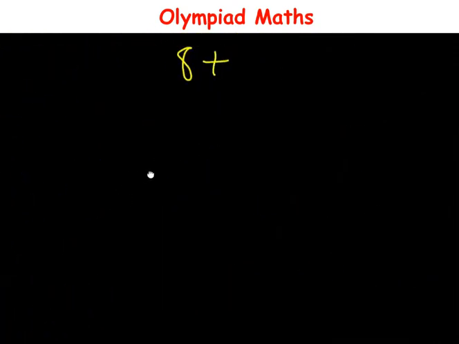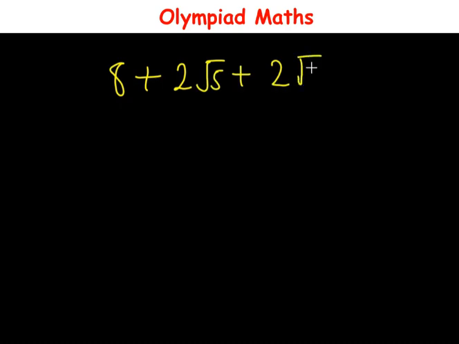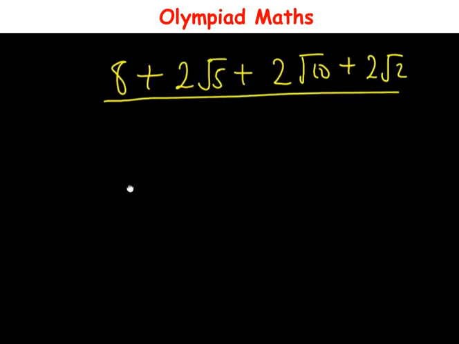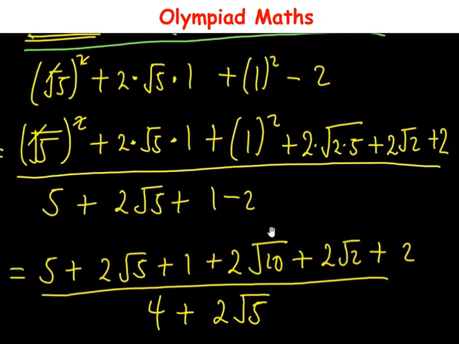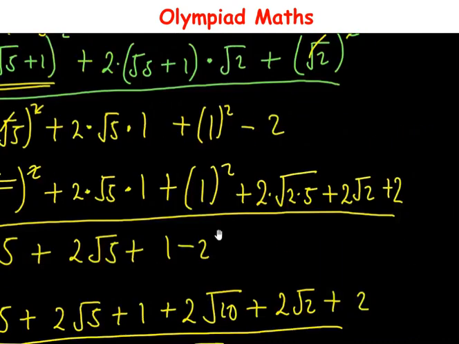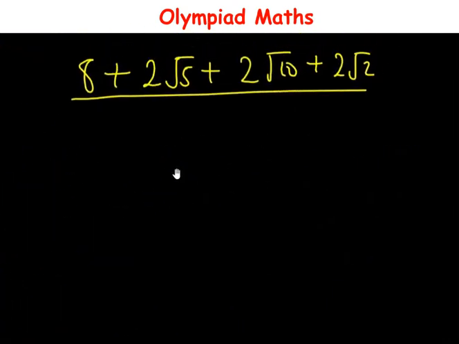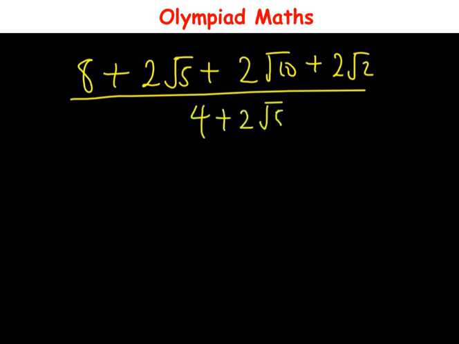So right here we have plus 2 root 5 plus 2 root 10 plus 2 root 2. This is divided by the denominator, which is right here. The value is equal to 4 plus 2 root 5.